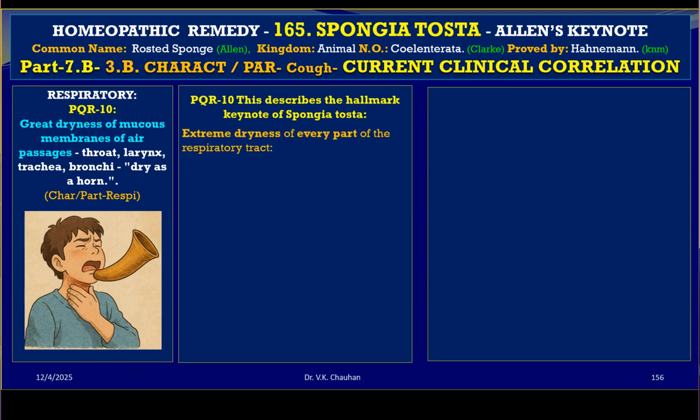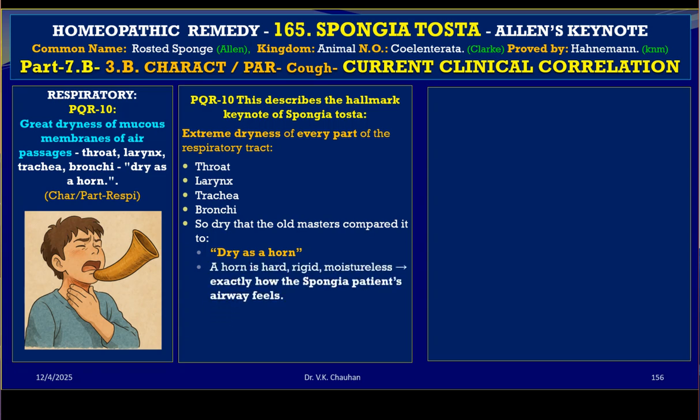So this description is a hallmark keynote of Spongia tosta, where extreme dryness of every part of respiratory tract is there, whether it is the throat, larynx, trachea, bronchi, or bronchioles. Dry as horn, the usual expression by old masters, because the horn is hard, rigid, moistureless, exactly how the Spongia patient's airway feels. This single sensation can lead to Spongia.